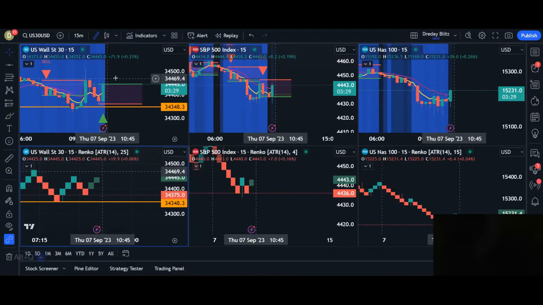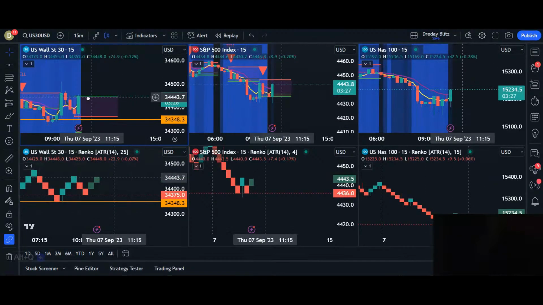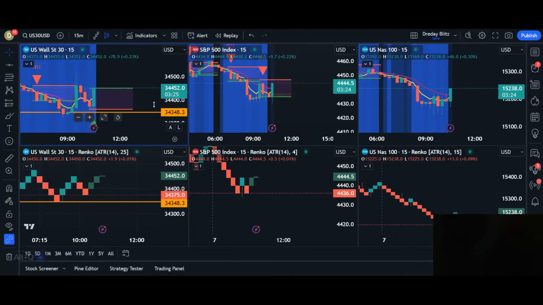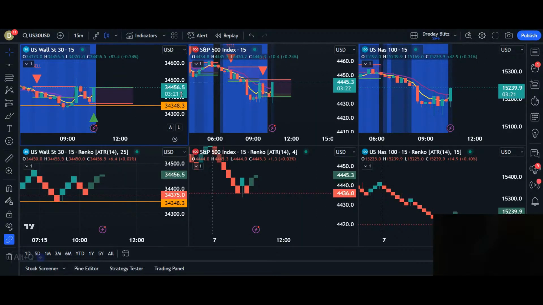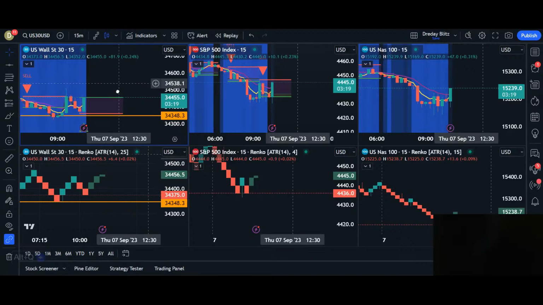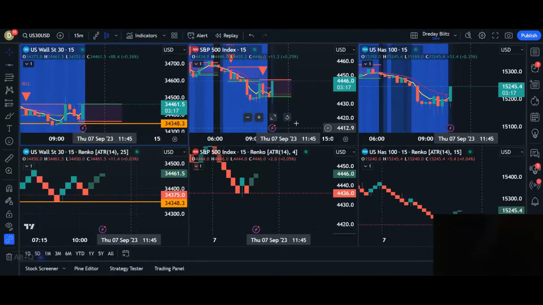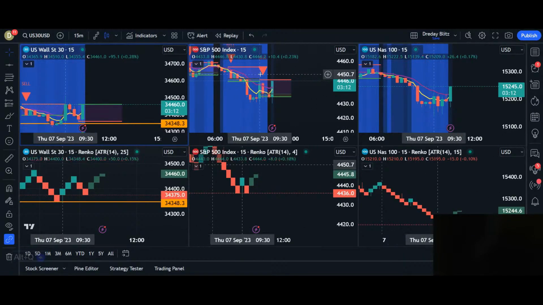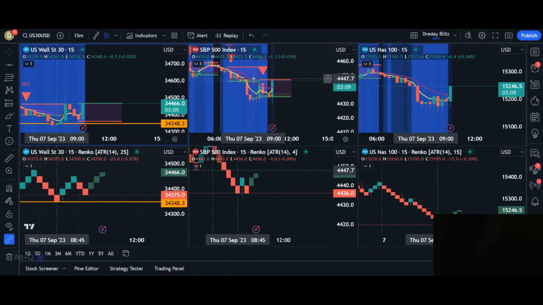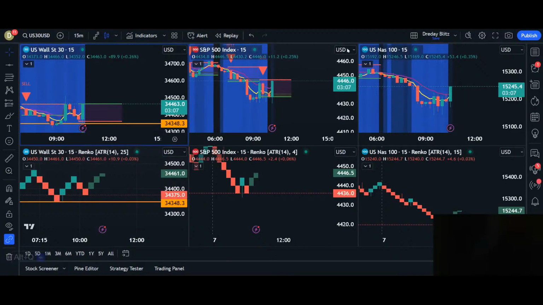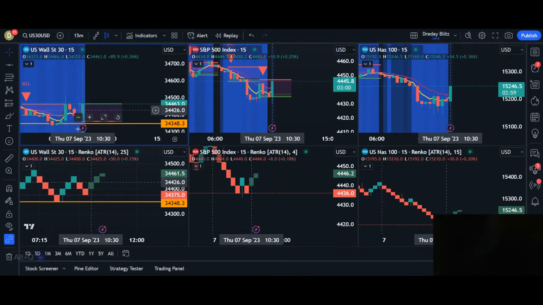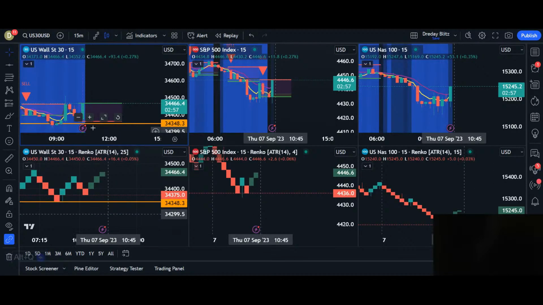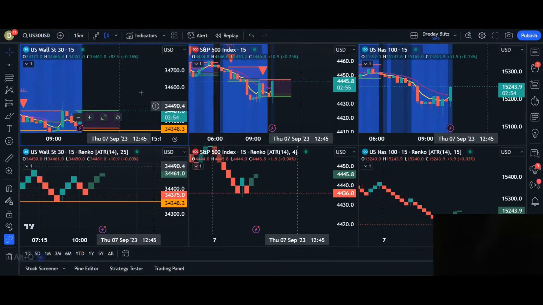So we should see a push up in the market overall for the rest of the day, but that remains to be seen. If you were on the sell here on S&P 500, your stop loss may have been hit already, but that's okay. And for the US 30, you should still be a runner here because you never touched your stop loss.